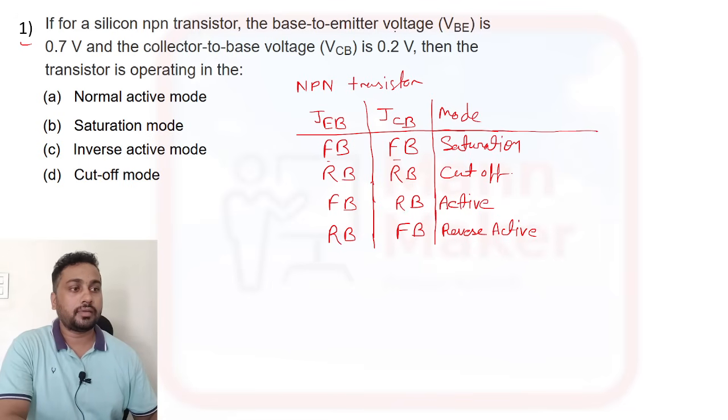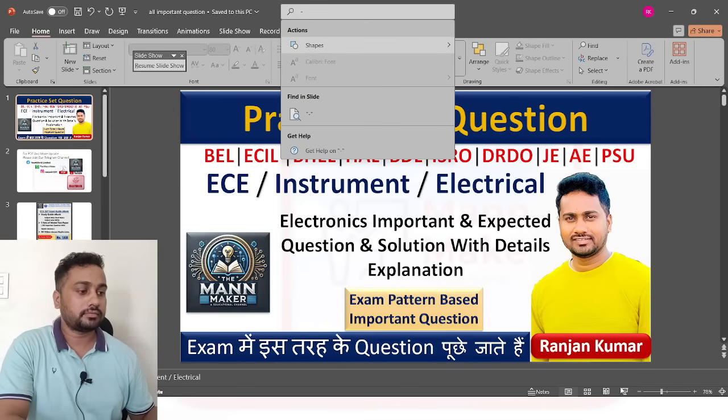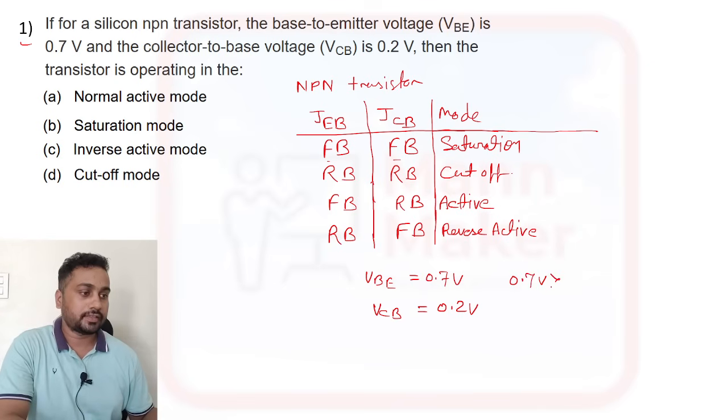Here they have given base to emitter, VBE, the base to emitter junction, as 0.7 volt, and here the collector base, CB, is 0.2 volt. You can see 0.7 volt is greater than 0.2 volt, right?